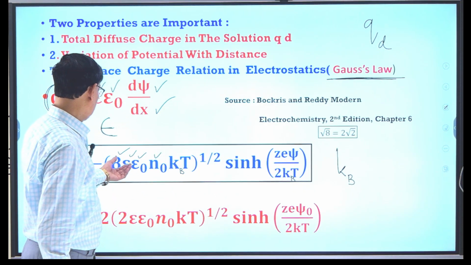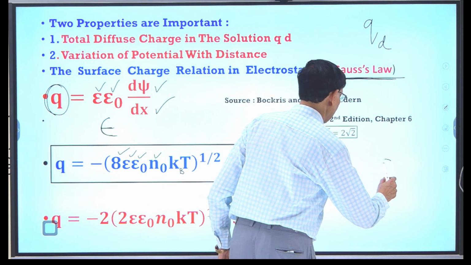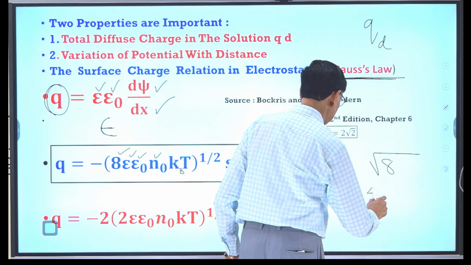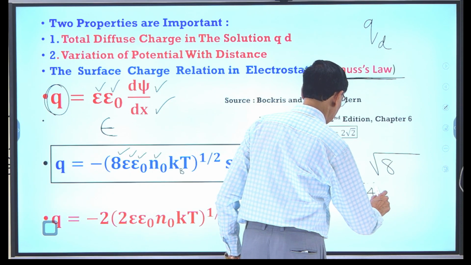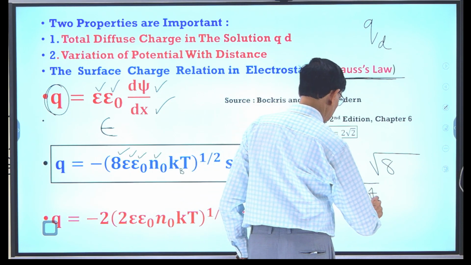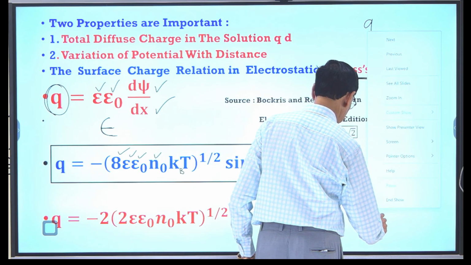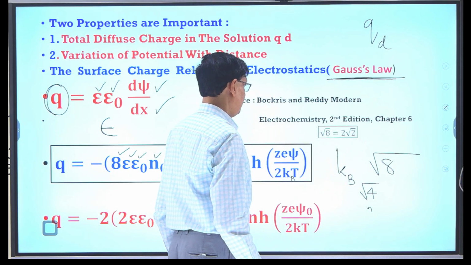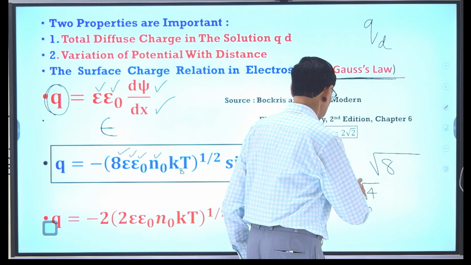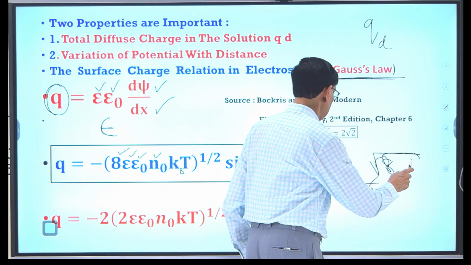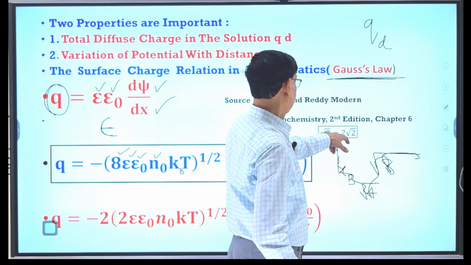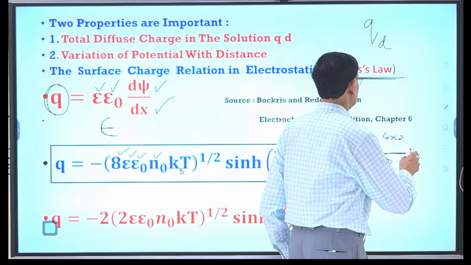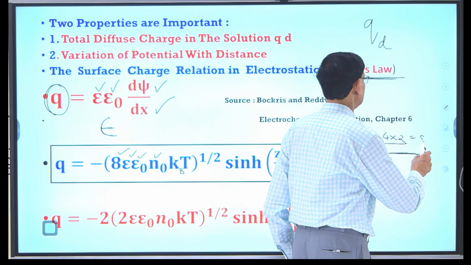Now you know that again a simple mathematics. If I write here h under root of h, you understand, we can write it like this, under root of 2, only 4 into 2 we wrote. So 4 into 2 is 8.